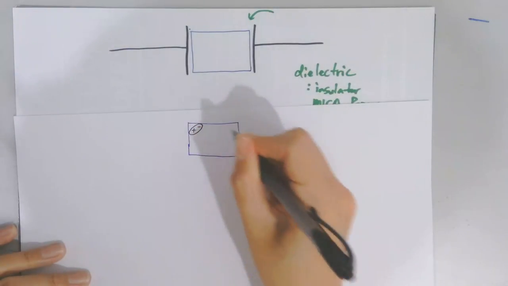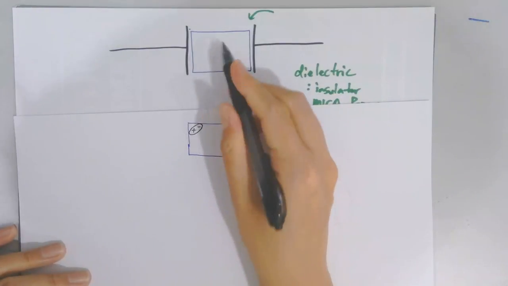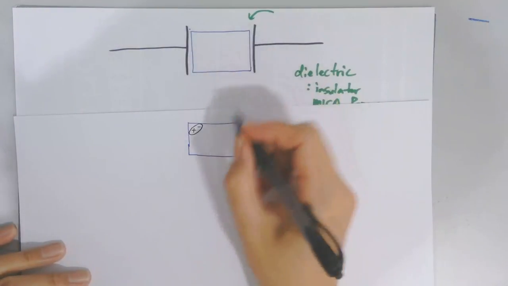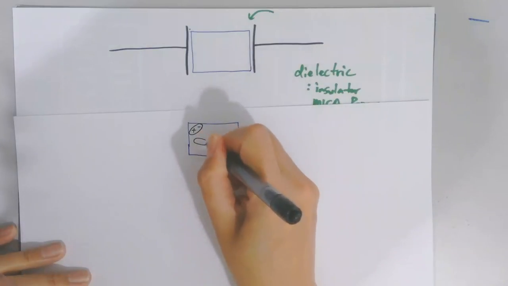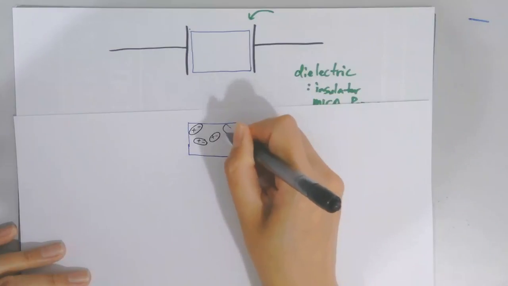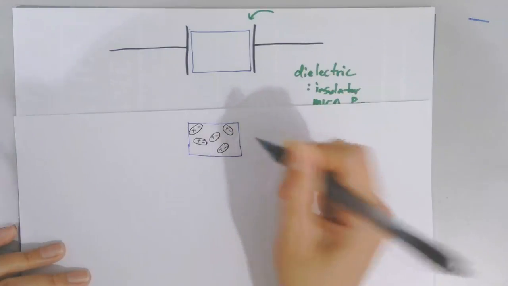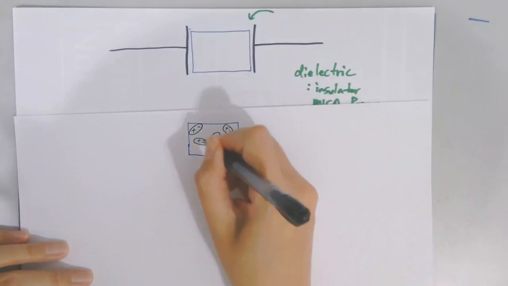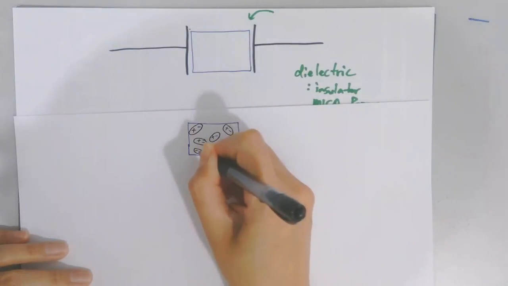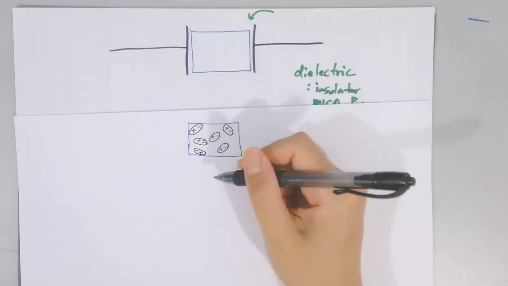We have a dipole, but before I insert the dielectric in between the plate, I found that susunan dipole dia tak kemas. Okay, dia susun begini, tak kemas. Di sini negatif positif, dia tak tersusun dengan teratur lah.